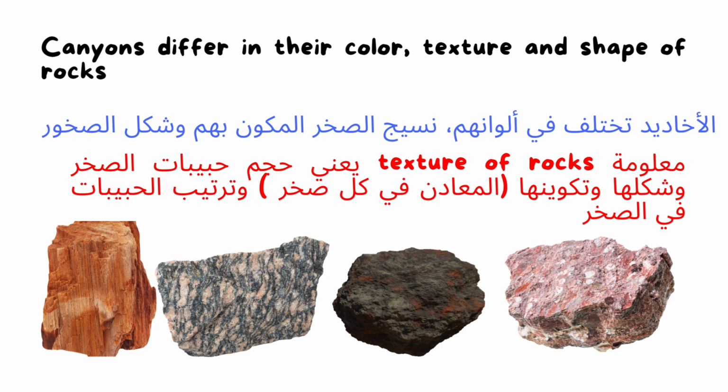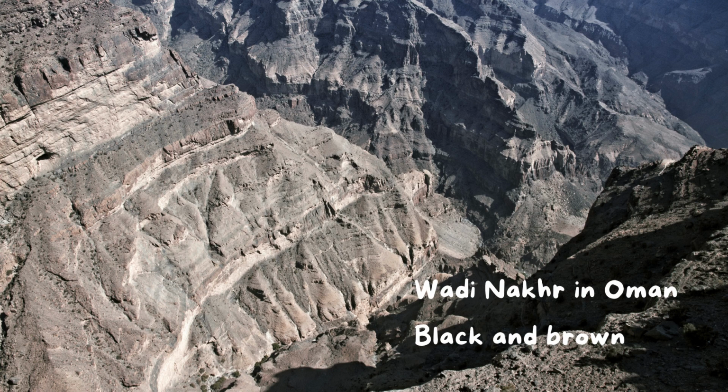Now we will take some examples to know that canyons differ in their color, texture, and the shape of rocks. First, we have here Wadi Nahr in Oman. This canyon is black and brown in color, okay?